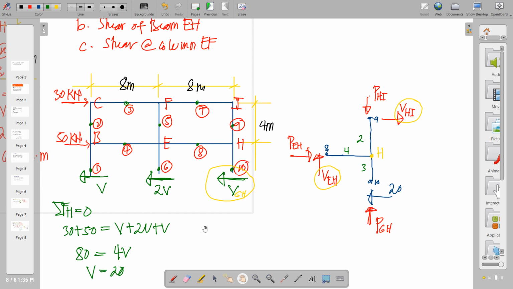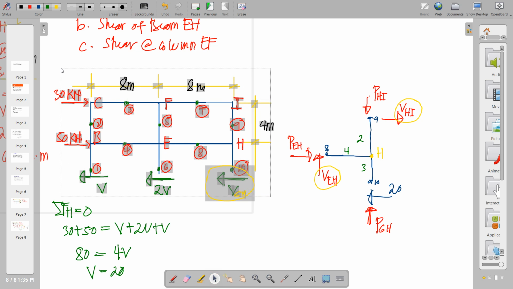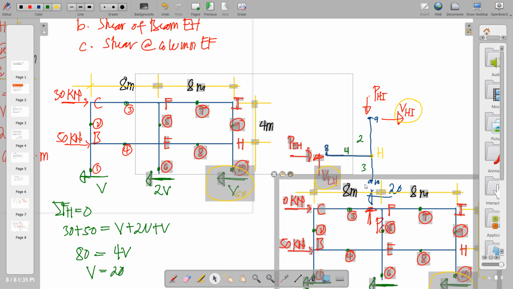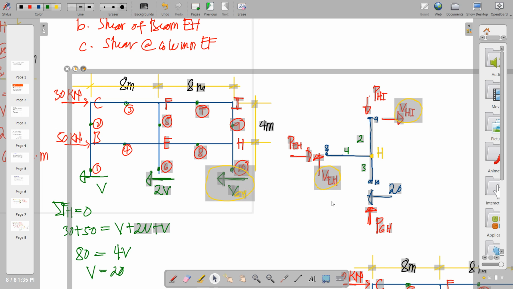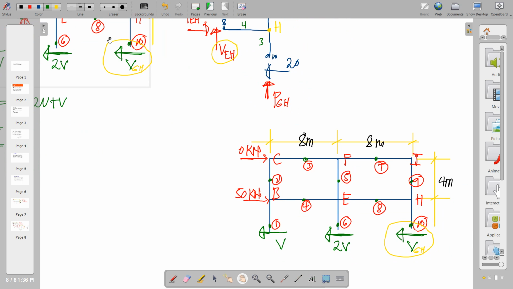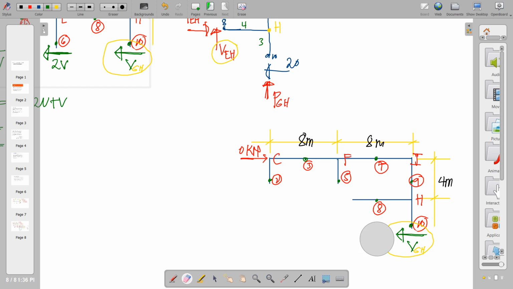So again, we are going to adopt this whole framing system, and then delete this up to the point of inflection, the upper portion.